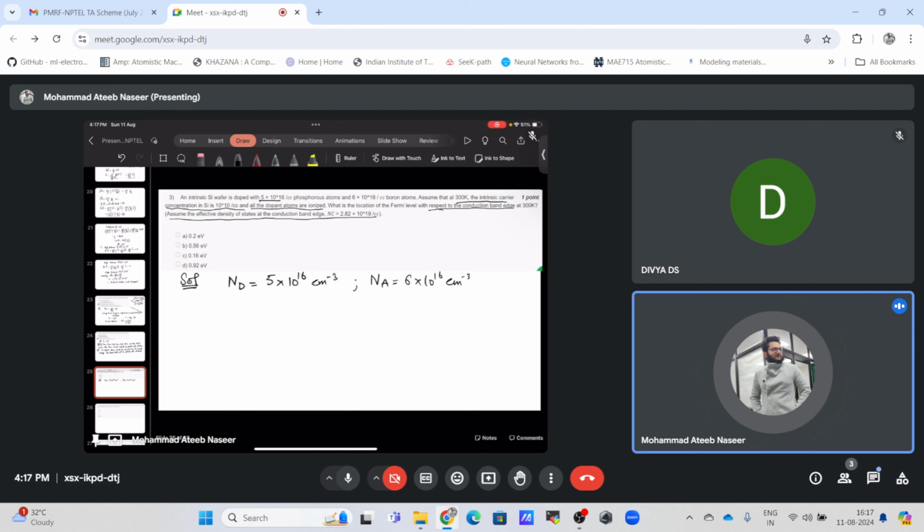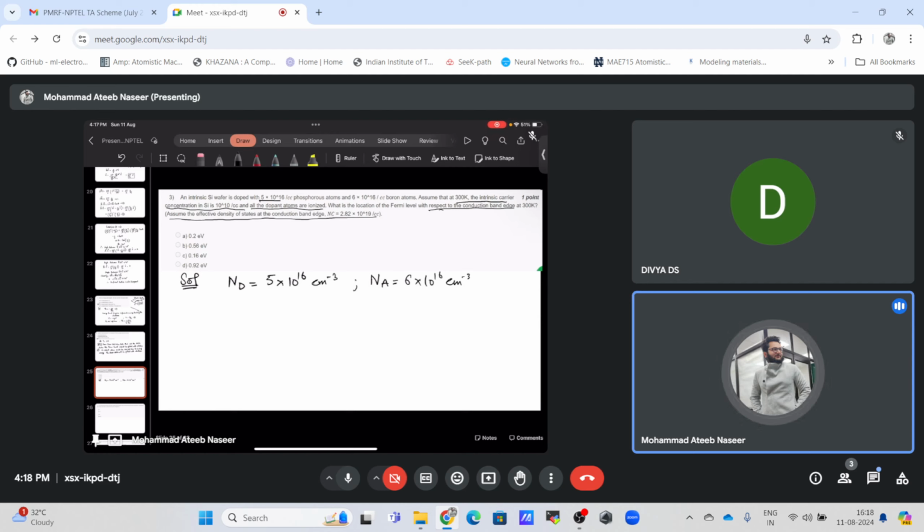But since we are dealing with a mathematical problem, we assume all the states to be located at the conduction band edge, because we know the Fermi statistics very well, that they decay with the energy, and the product which professor taught us in the class, G of E into F of E, will give us the electron concentration, and how it is localized, or located near the conduction band edge itself, because the carriers having high energy will not be able to participate in the transport mechanism because of the Fermi-Dirac decaying tail.